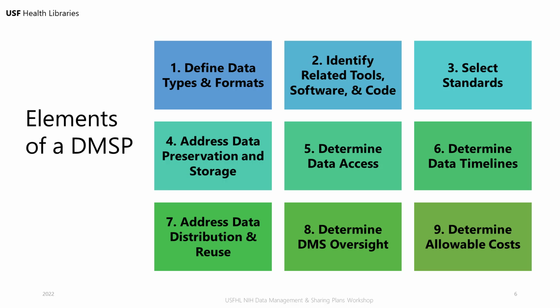Elements 4 through 6 ensure how the data quality will be handled, the preservation strategy, and the type of repository you will use. They also include access and policies timeline for how long the data will be available. And elements 7 through 9 essentially focus on dissemination and data use, responsibility, and paying for the upkeep of the data during its lifetime.